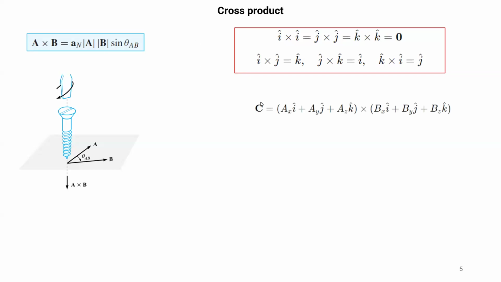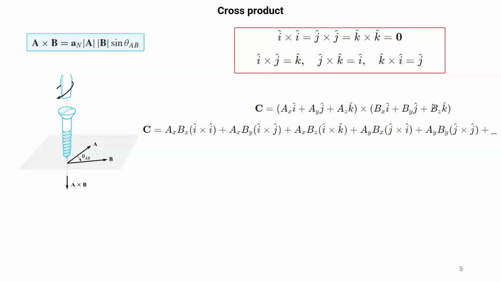Again, writing the result, this vector c, as the product of vector A and vector B, and expanding the parentheses, we get an expression like this with more terms, of course, going next. But some of these terms equal 0 because of the rule above, and the others generate another vector, like i times j generates k, and so on.